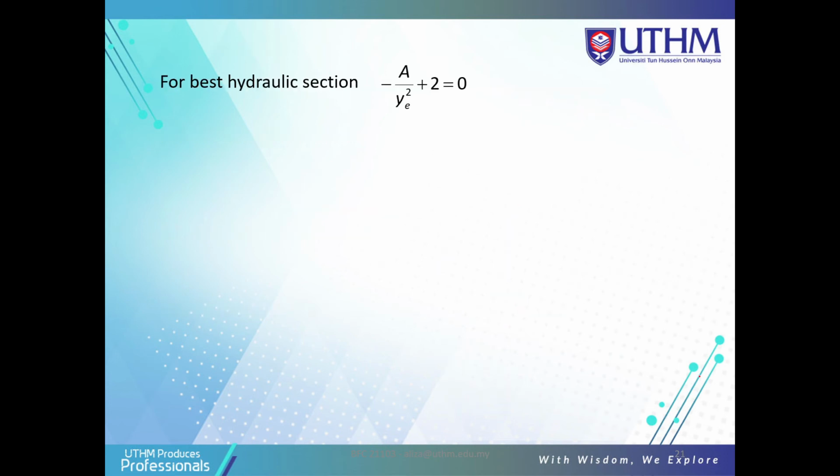So for the best hydraulic section, you set it equal to 0, so that you get the A from this one.